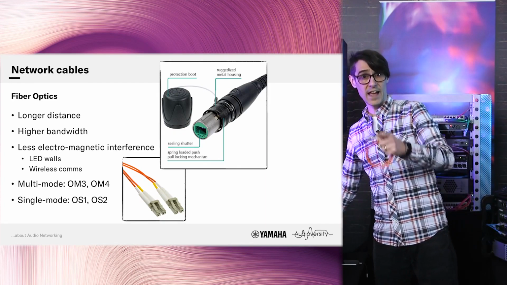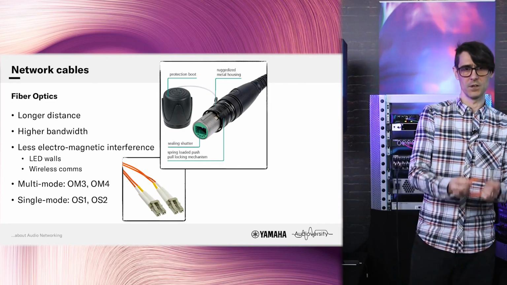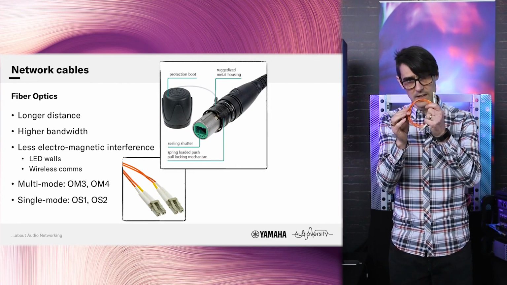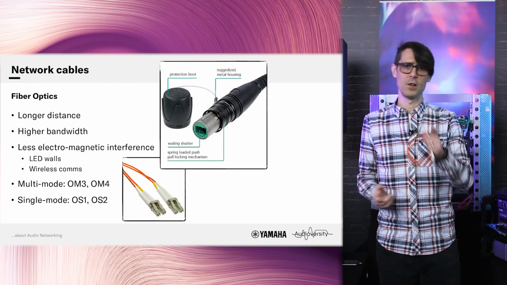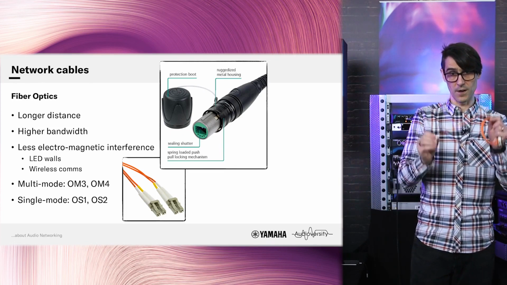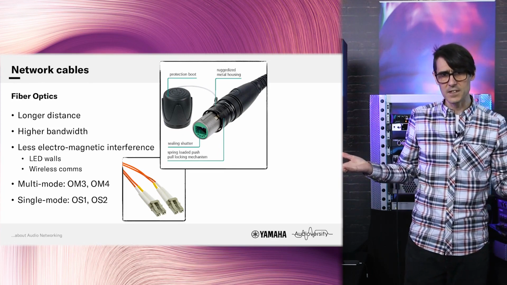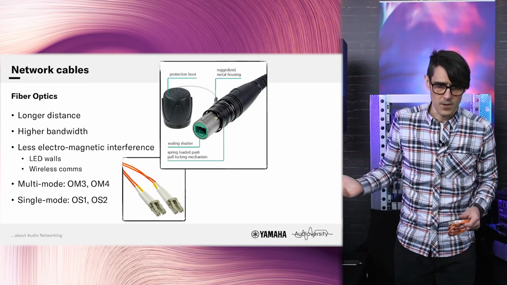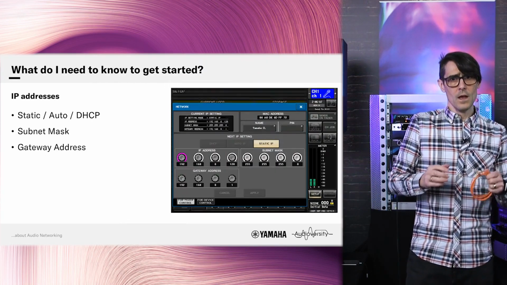You should look for these standards though. For multi-mode fiber, you should look for OM3 or OM4 that has good enough quality glass. For single mode fiber, look for OS1 or OS2. Then you'll know they are good enough quality to carry the type of data you need in an audio or media network.